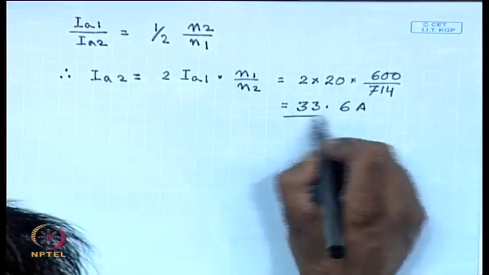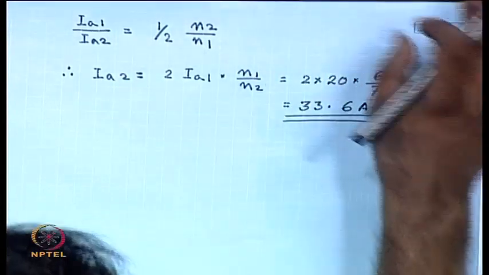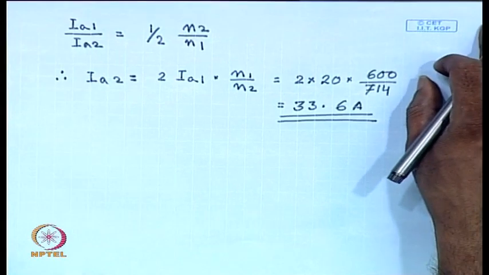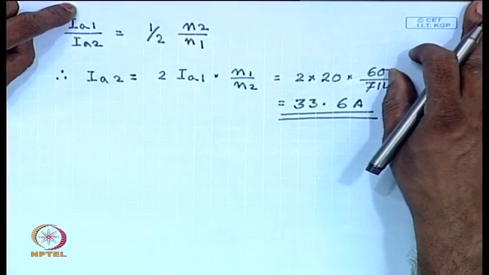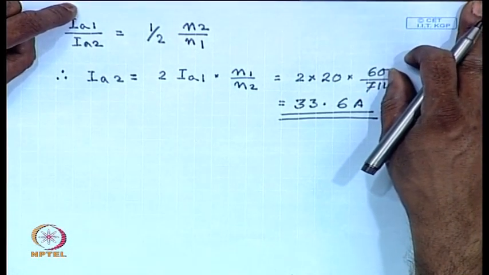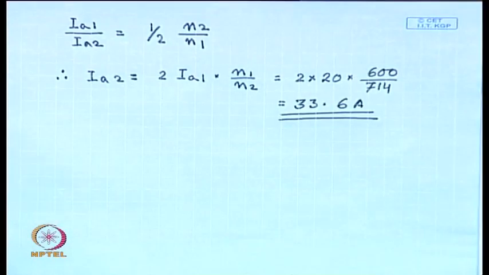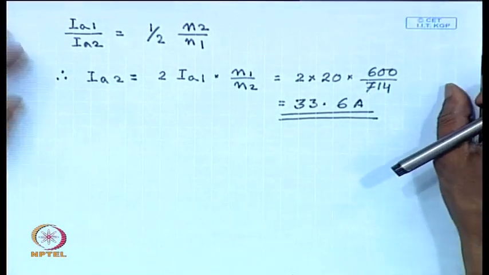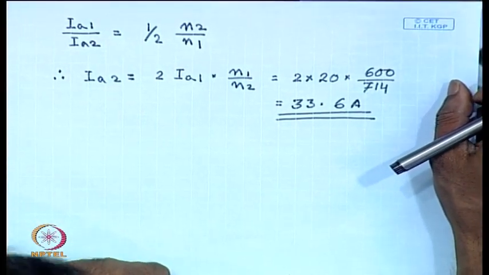We see that with a given load characteristics, by changing the configurations of the field winding, we can change the speed of the DC series motor. However, it should be noted that we can obtain only discrete values of speed.